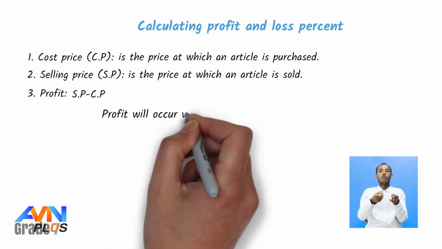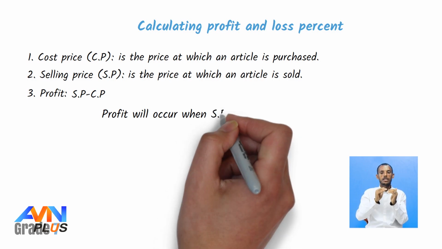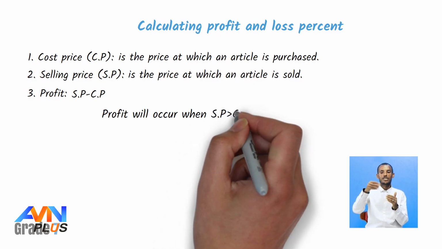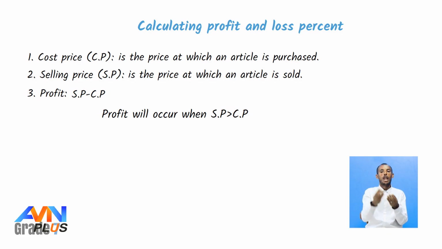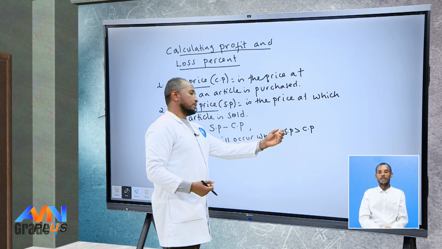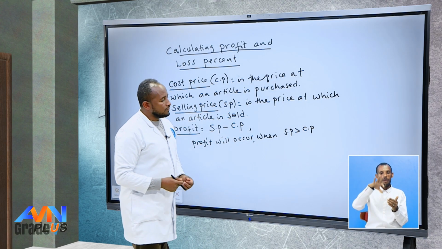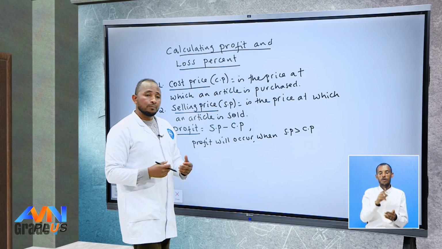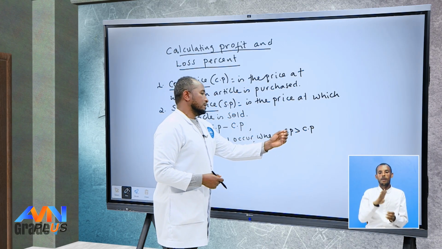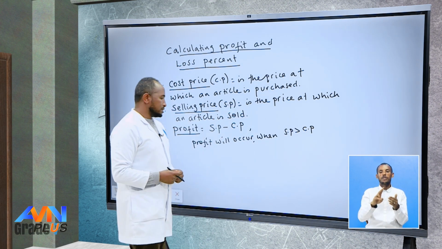If you sell more than the price you bought, then you'll have a profit, and you'll calculate the profit by taking the difference between the two, selling price minus cost price.